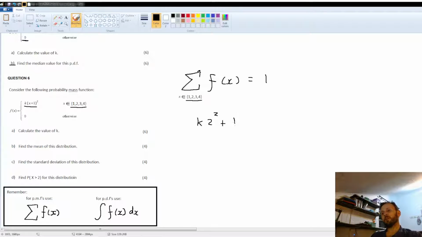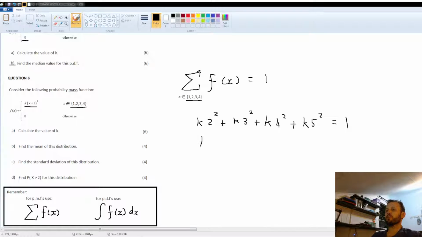So plus k times what? You put in the value 2. 2 plus 1 is 3, so this is 3 squared. We get the idea. When x is 3, you're going to get k 4 squared. And when x is 4, 4 plus 1 is 5, so you're going to get k 5 squared. This must be equal to 1. You insist upon it.